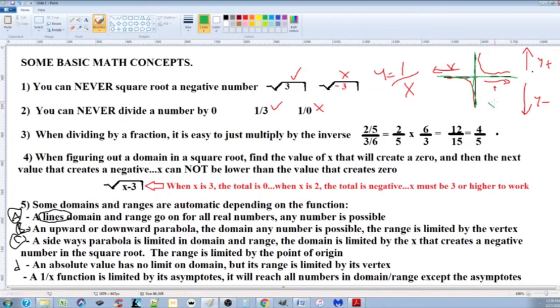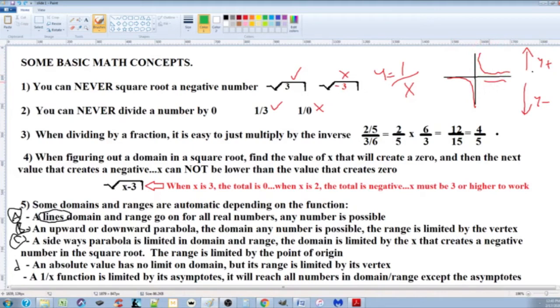So x can never be 0 and y can never be 0. They get close, forever and ever they get close, but they never reach the x or y axes. So that means their domain and range is going to be dictated by these lines called the asymptotes. Asymptotes are lines that they approach but never reach.